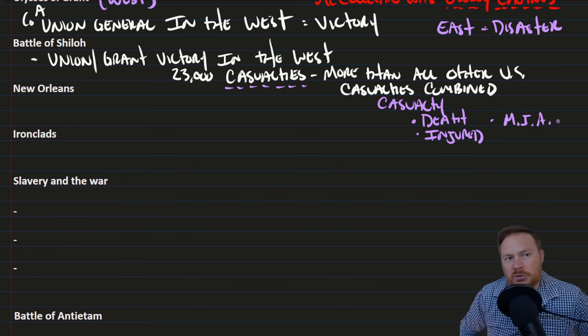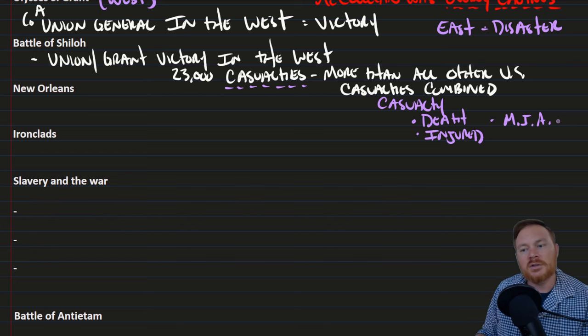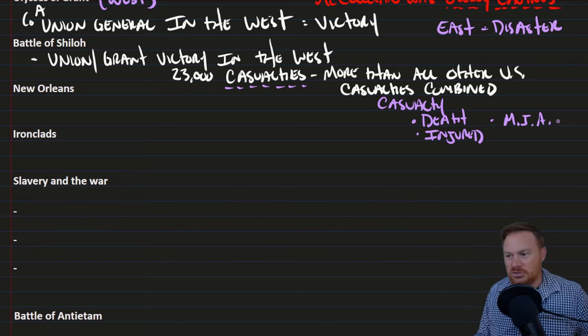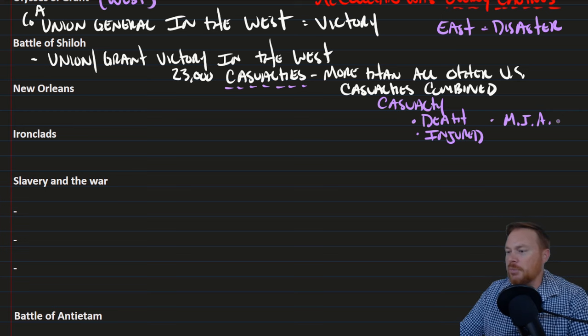It's a term that was used by military leaders to describe how many soldiers do we have left fighting? So if you suffer 23,000 casualties, it just means you're down 23,000 soldiers. Either they were killed or injured, missing in action. They just can't fight anymore. So sometimes deaths and casualties are used interchangeably. Technically, they're not the same thing.